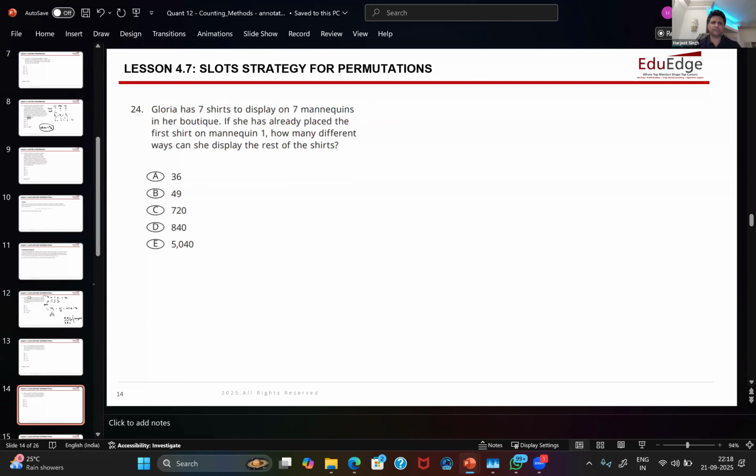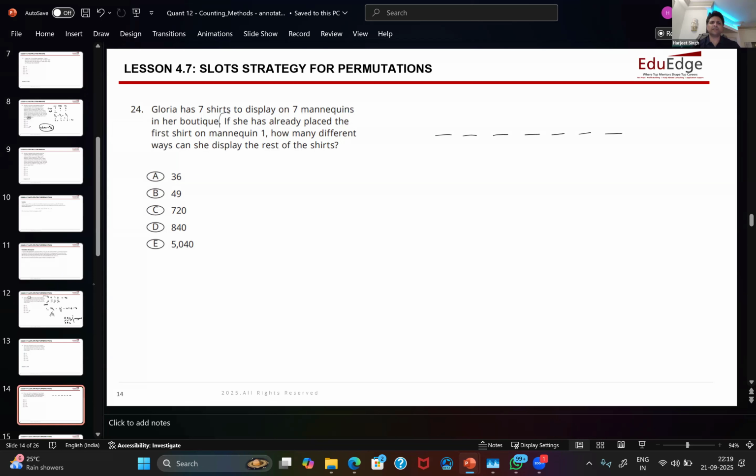Gloria has 7 shirts to display on 7 mannequins in her boutique. She has already placed the first shirt on mannequin 1. And how many different ways can she display the rest of the shirts? So can I say there are 7 mannequins? So 7 positions.